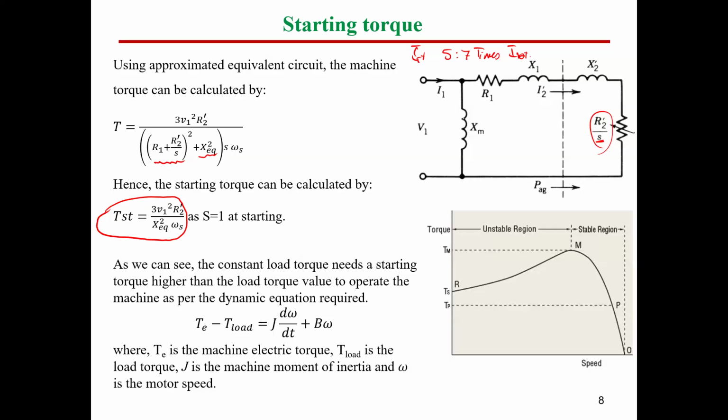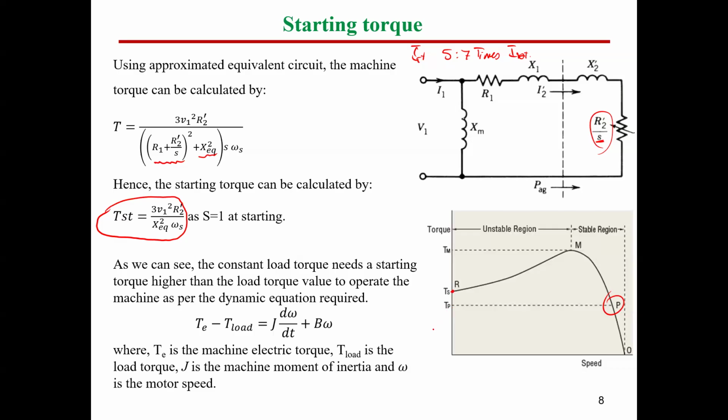So this is the value of torque at starting. Value of torque at starting, guys, compared to the rated torque, it could be from 1 to 1.5. So for instance, here we have a certain operating point P. As you can see, TS is a bit higher than TP.